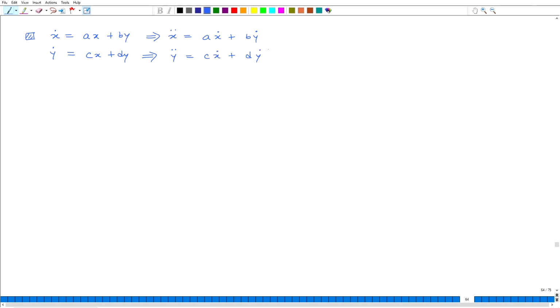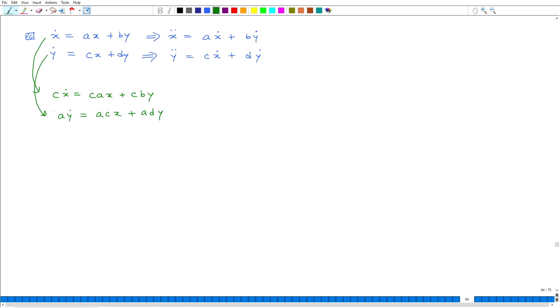Again, you can also write from this equation cx dot is equal to cax plus cby, and from the other equation you can write ay dot is equal to acx plus ady.